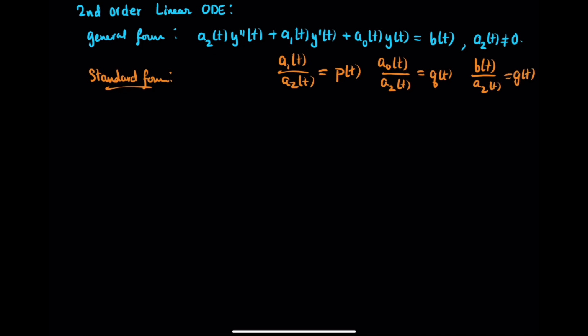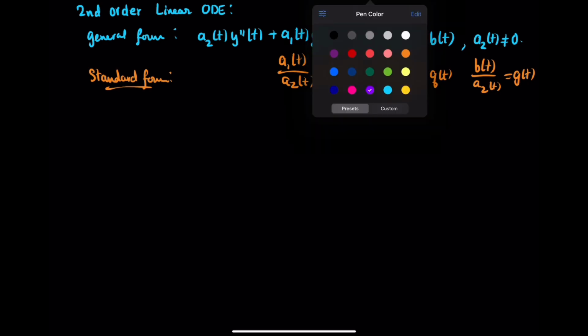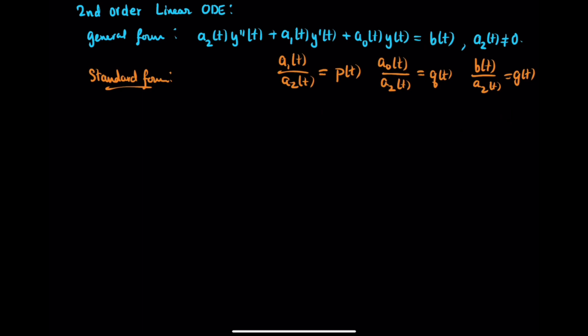Okay, so these are the three that you need to know, and I will choose a different color. Let's go with pink. So the standard form therefore is y double prime(t) plus p(t) y prime(t) plus q(t) y(t) equals g(t). That is your standard form.